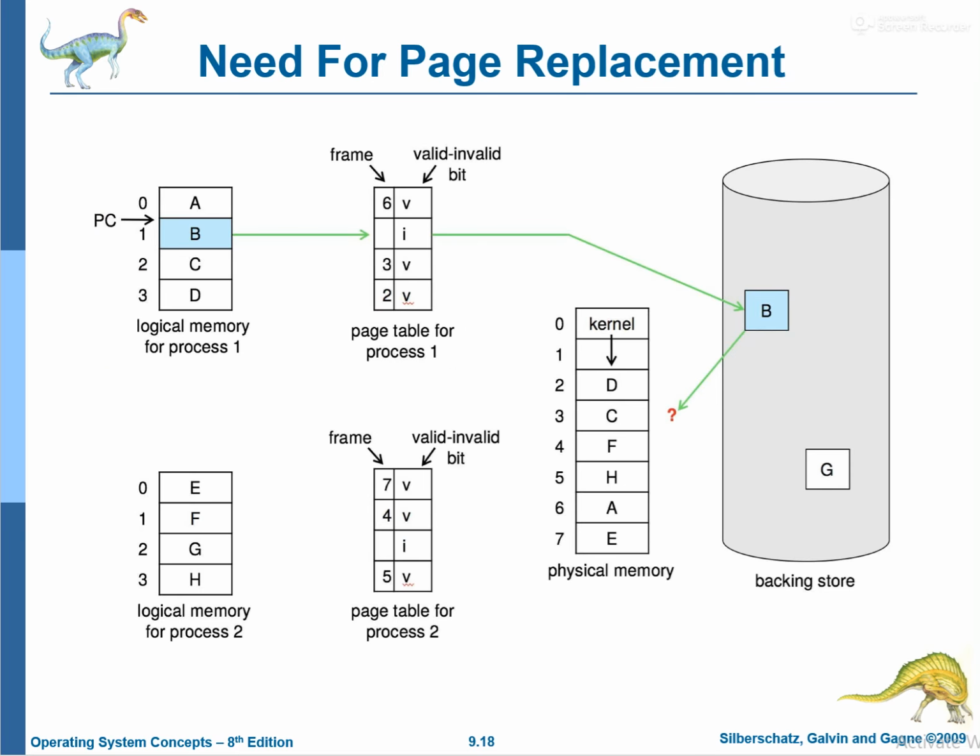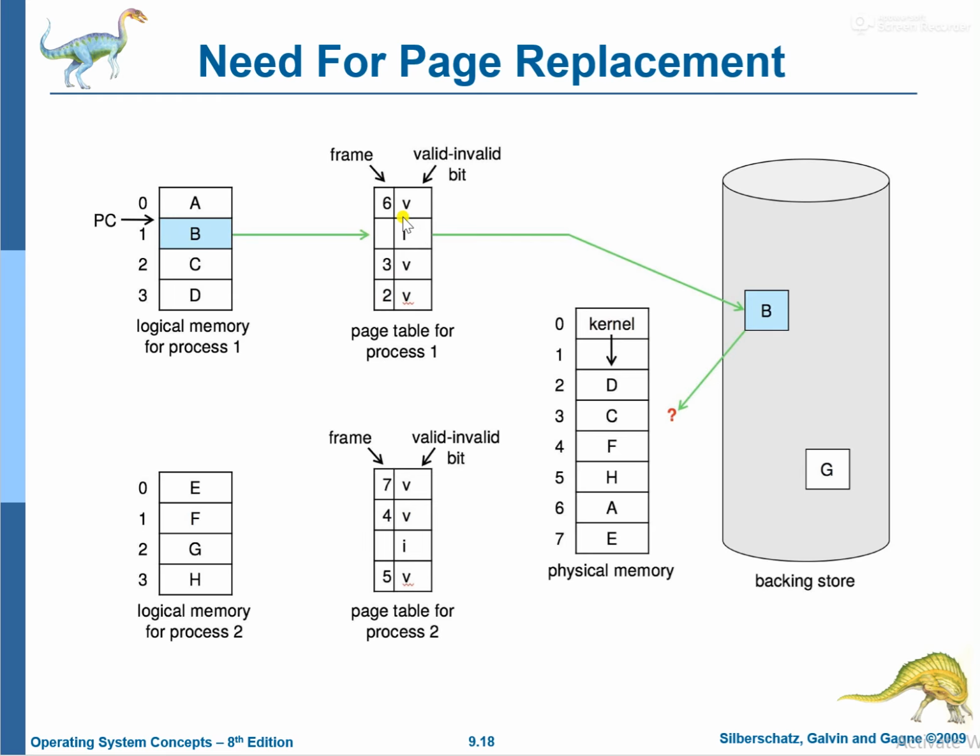Okay, now in this example consider the situation that there are two processes. One is process 1. Here we show the process 1 logical memory and process 2 logical memory, and here we have a physical memory. Now if you look here, your CPU generates an access for page B. When we look into the page table for page B, we find out that it is page number 1, and the corresponding entry is invalid.